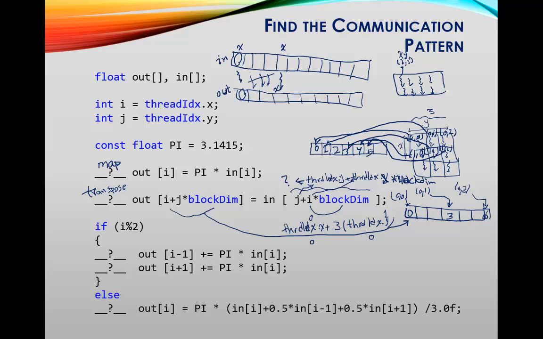So as you see, my input element number 0 is going to be written into output element number 0, but input element number 1 is going to output element number 3, and input element number 2 is going to be going into output element number 6.